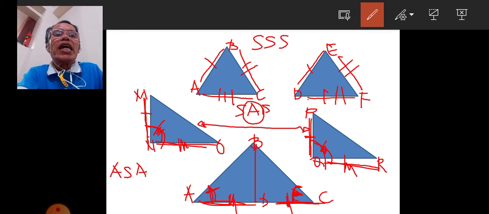And if angle ADB, this angle, corresponds to angle CDB, this angle, therefore angle ADB is congruent to angle CDB.